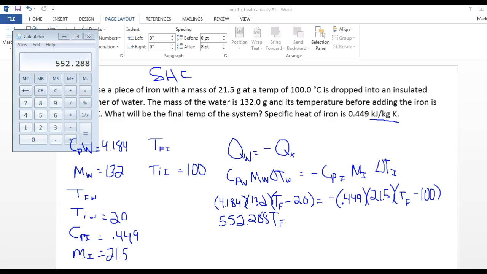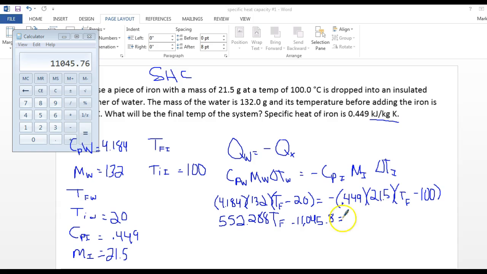So that's going to be negative 11,045. These numbers get pretty big. Not going to worry about the decimals on this one, maybe just 1.8.